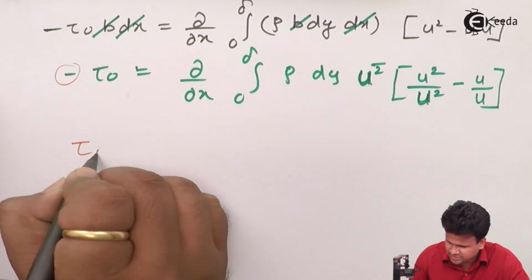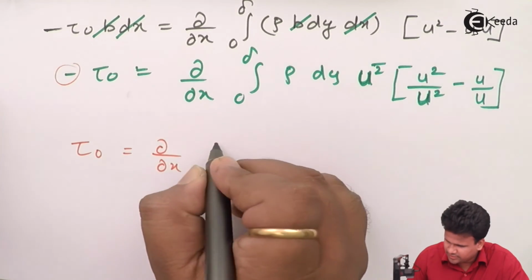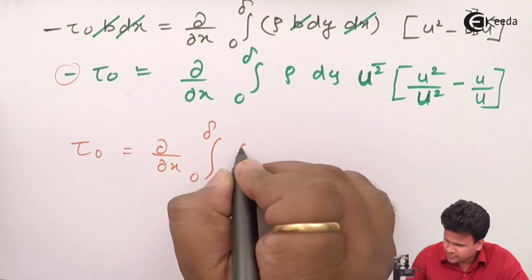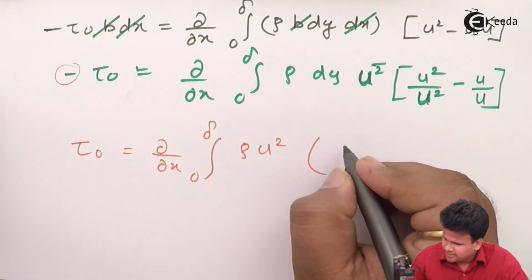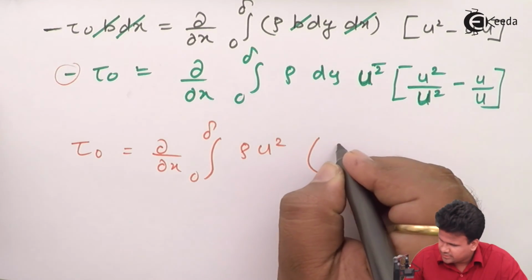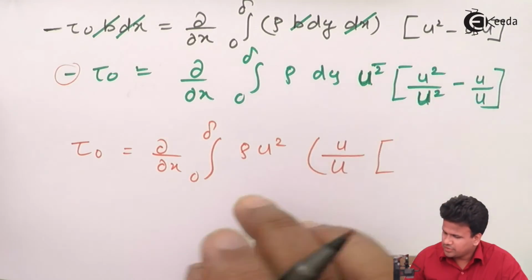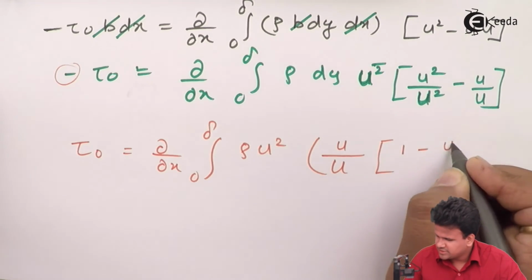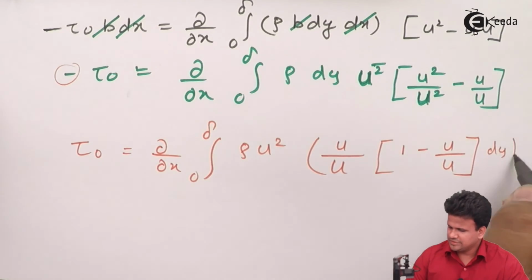So this is minus tau is equal to dou by dou x into integral 0 to delta into rho into capital U square into this part over here. We can take small u upon capital U as common. The minus sign will go inside, so this part will switch. So this will be 1 minus small u upon capital U or u upon u infinity into dy.